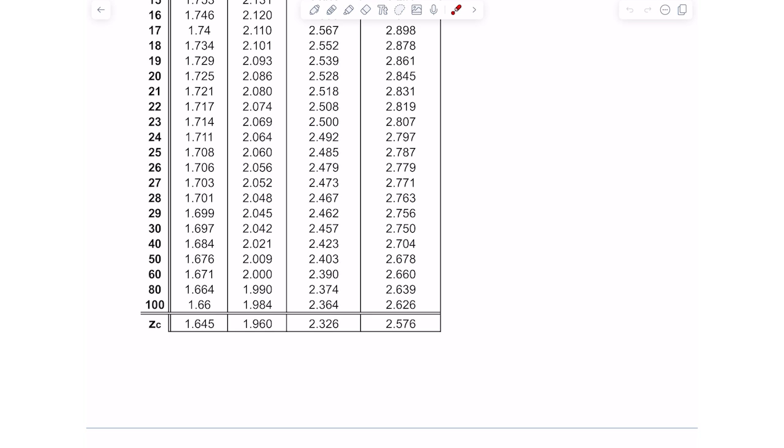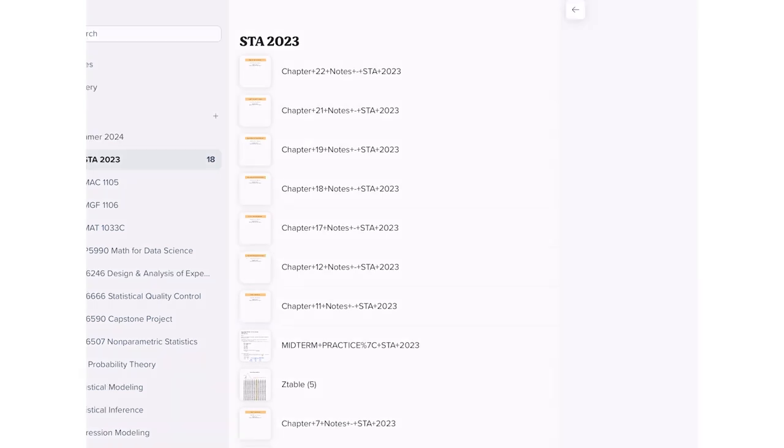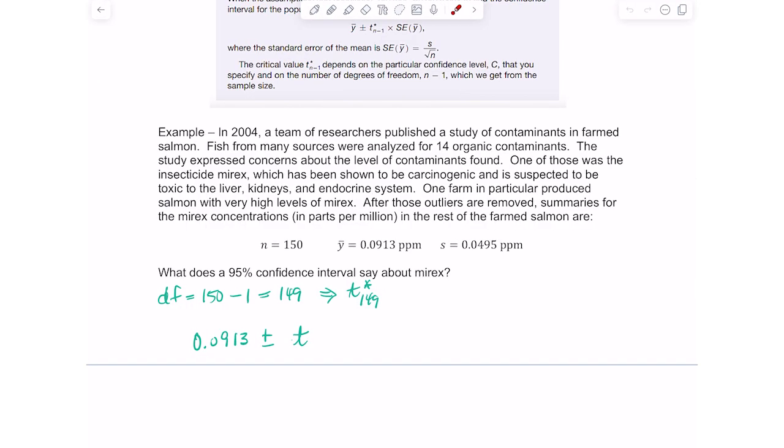So let's go back here to the notes. All right. So I'm going to put here that this is basically t star 100, or it was the Z critical, I think they called it in your table, and that was equal to 1.960. So that's what I'm going to substitute here.